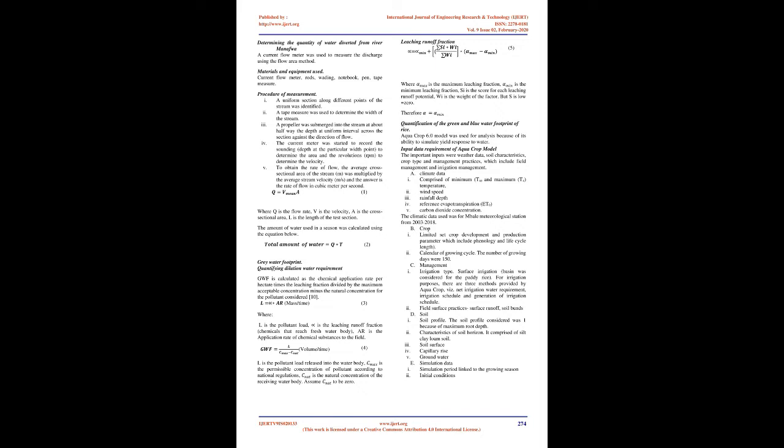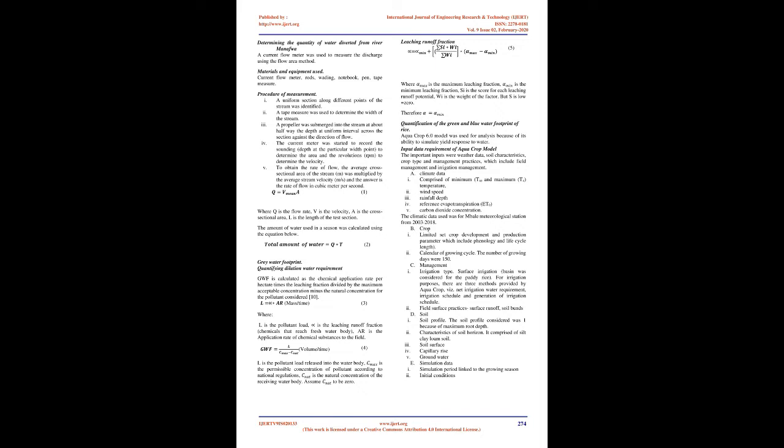The amount of water used in a season was calculated using the equation below. Gray water footprint: quantifying dilution water requirement. GWF is calculated as the chemical application rate per hectare times the leaching fraction, divided by the maximum acceptable concentration minus the natural concentration for the pollutant considered.